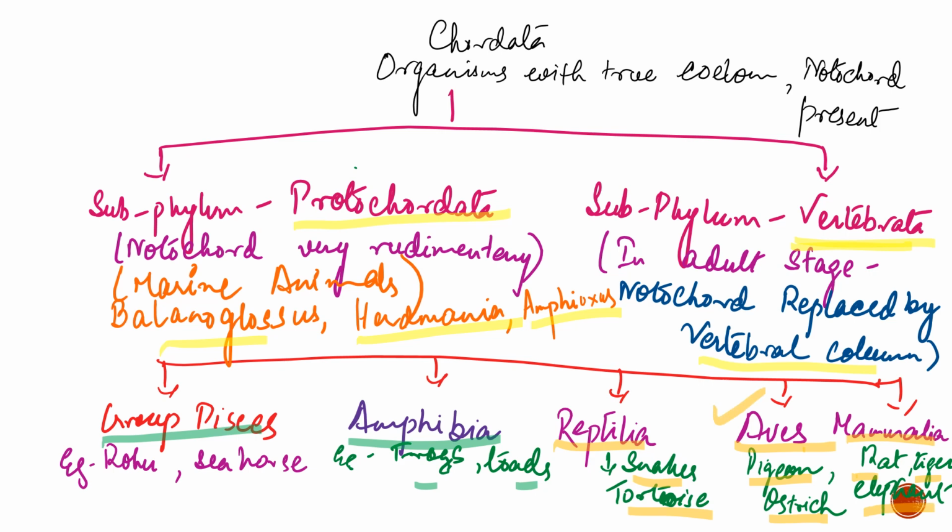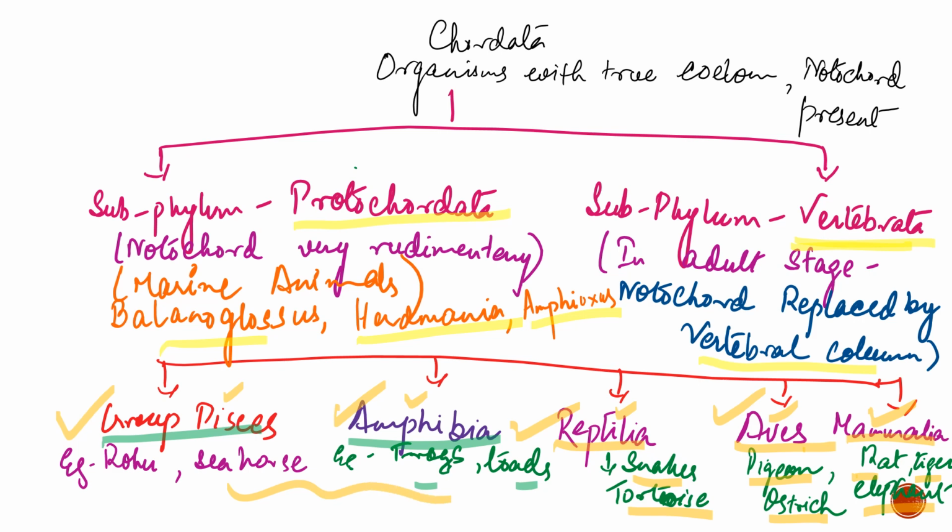These Aves are mostly birds. Reptiles are snake, tortoise and all. You know amphibians, but we should know the characteristics by which they differ from other types of vertebrates, and they have distinct characteristics differentiating each one of them. What Pisces have, amphibians do not have; what reptilia have, aves do not have; what mammalia have, the other four groups do not have.